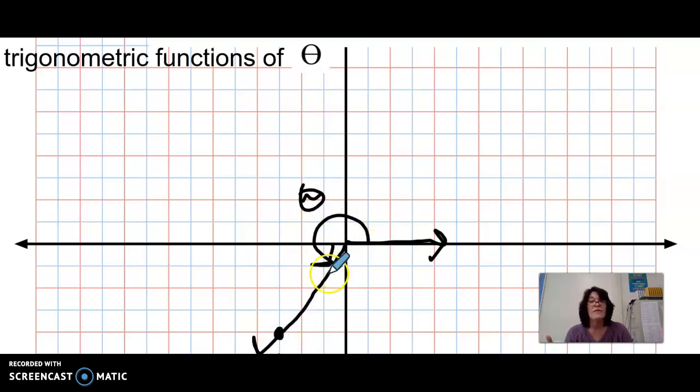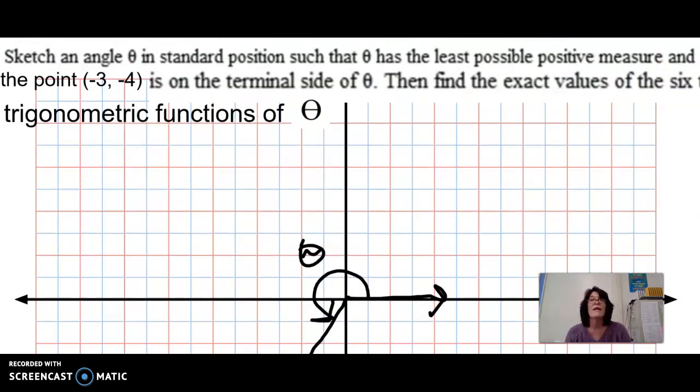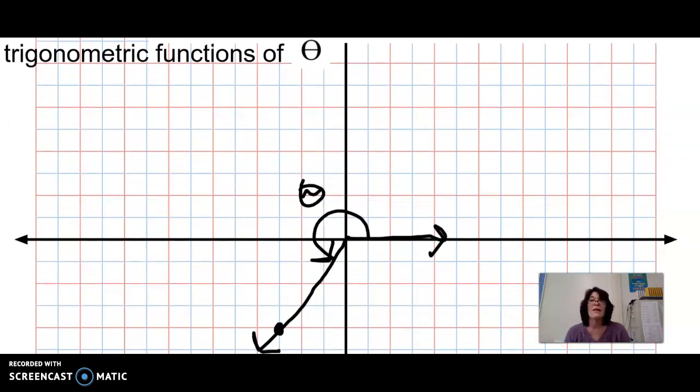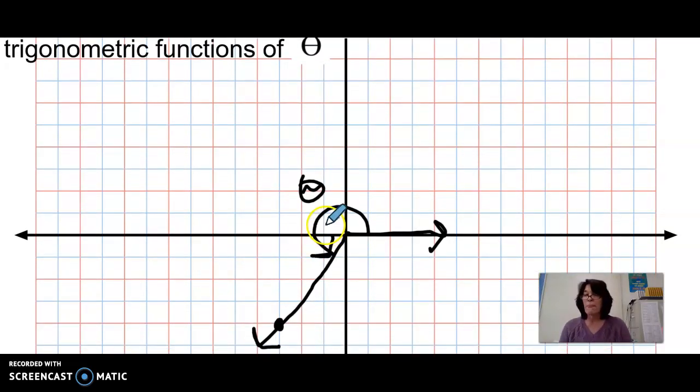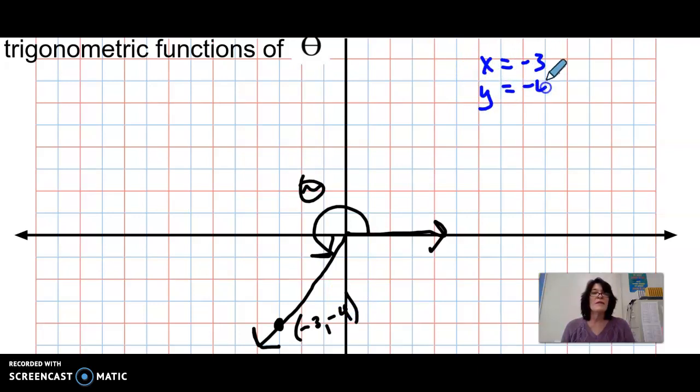I could go in the negative direction and that could be the terminal side, too. We want standard position such that theta has the least possible positive measure. You have to read all that. That was why last chapter was so important. What was the point again? -3, -4. Sometimes I write off to the side, x is -3, y is -4.